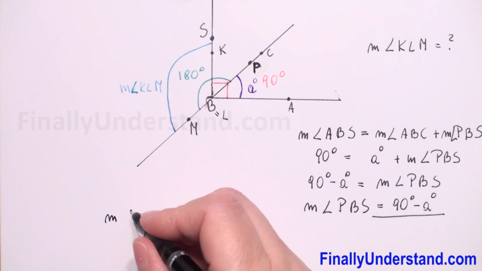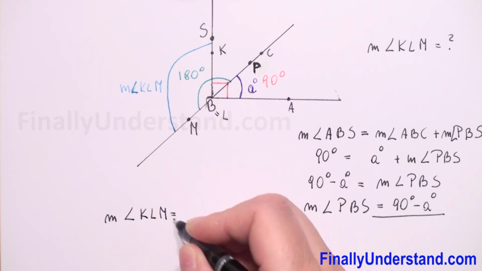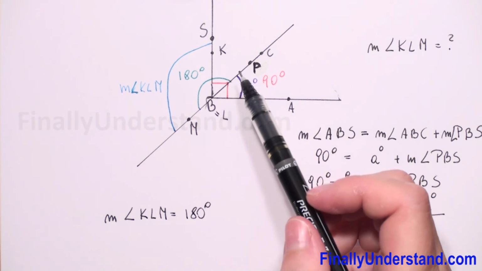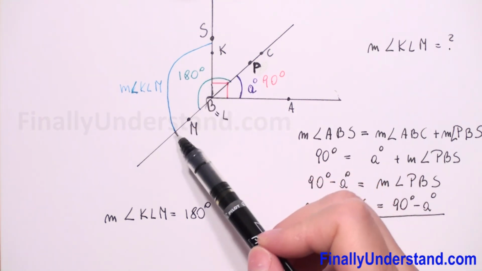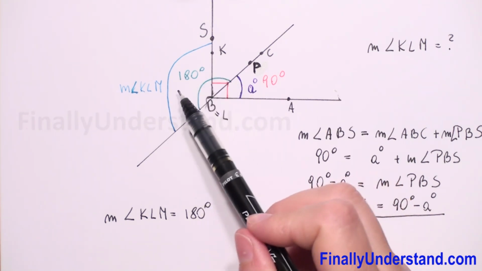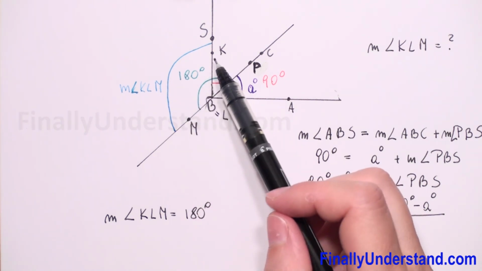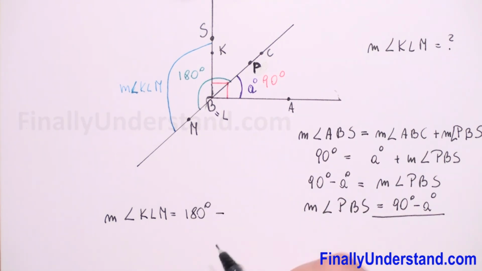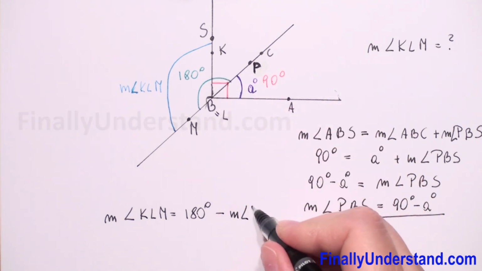One more time, because angles PBS and KLM are supplementary, the sum of their measures is 180 degrees, so the measure of angle KLM will be 180 minus the measure of angle PBS.